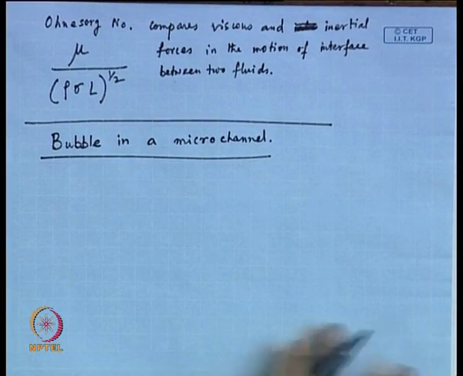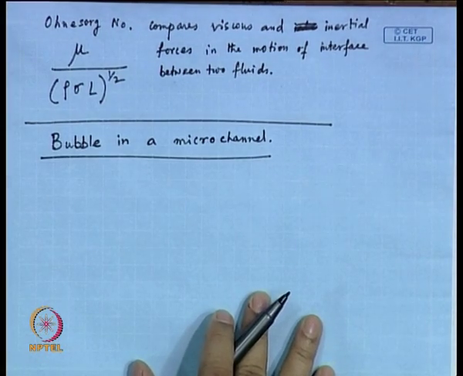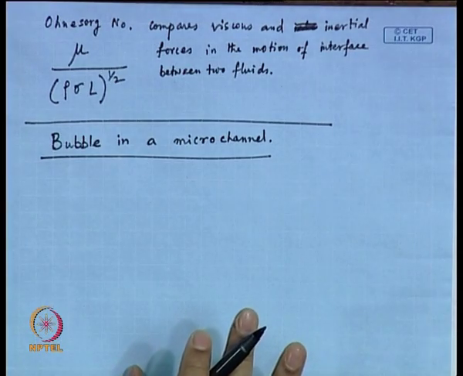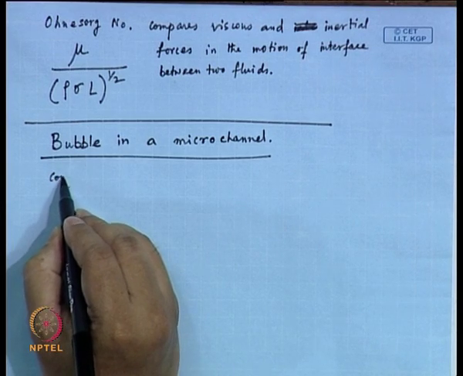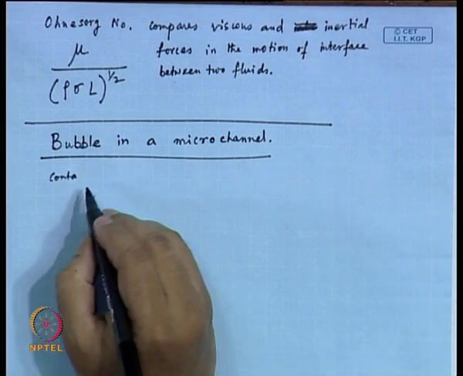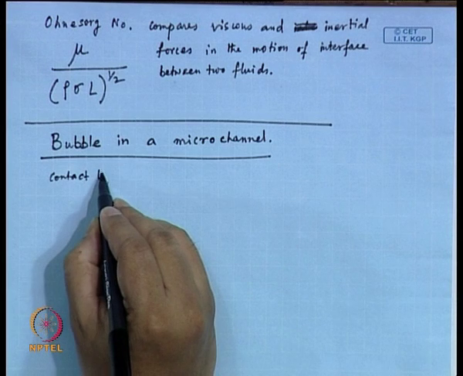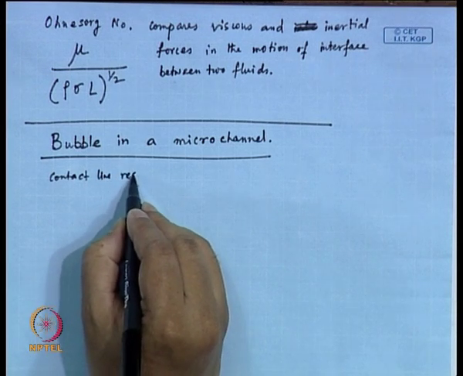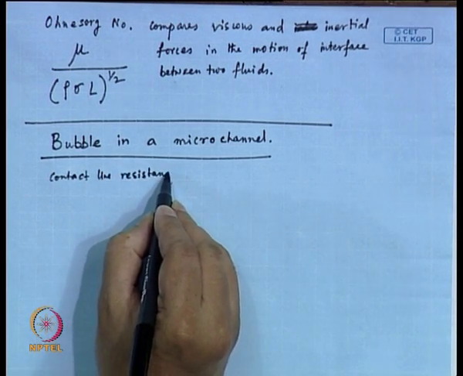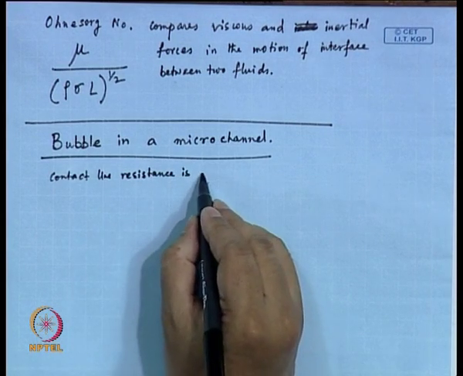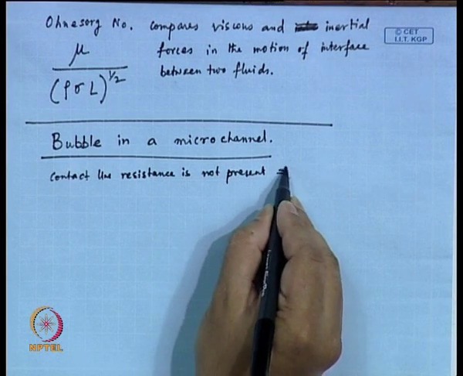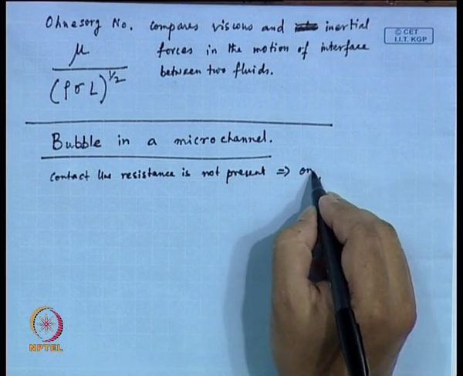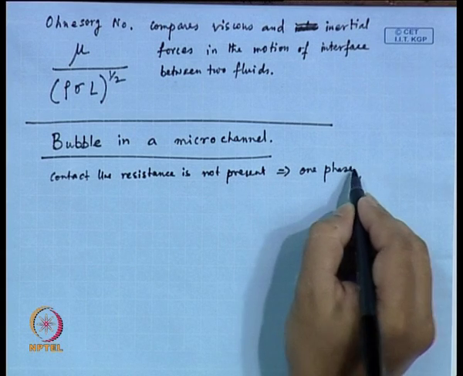One thing I would like to point out at the very outset about the analysis I am going to present is that the contact line resistance is not present. That means one phase completely wets the surface.